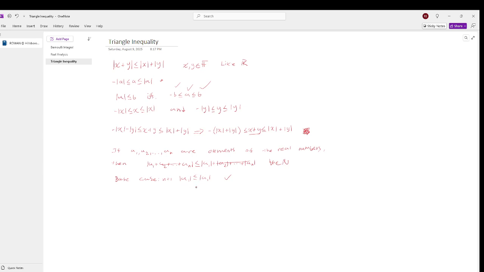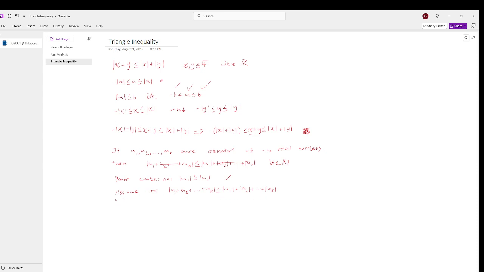So obviously that's true. What we're going to do now is assume n equals k, which means the absolute value of a1 plus a2 plus dot dot dot plus ak is less than or equal to the absolute value of a1 plus the absolute value of a2 plus dot dot dot plus the absolute value of a sub k.